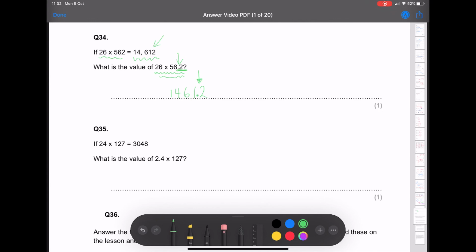So there you go. Your answer will be 1,461.2. And again, the only difference between this question is the 1 decimal place in there. So our answer will be exactly the same, except with 1 decimal place back.